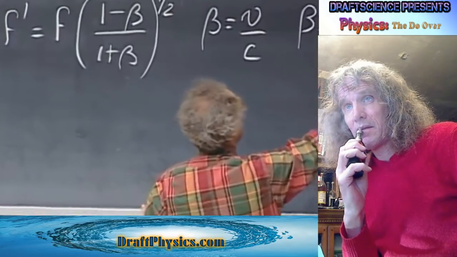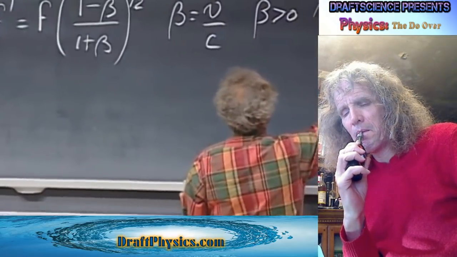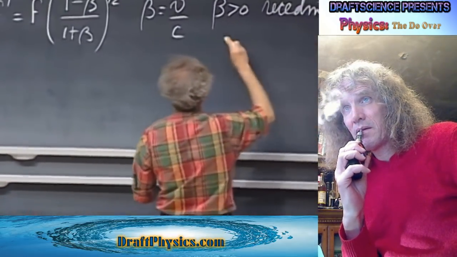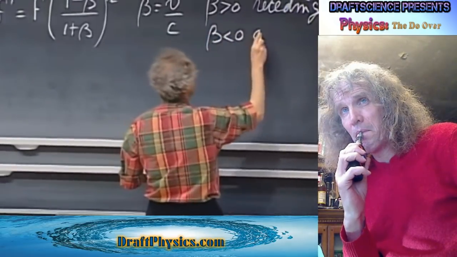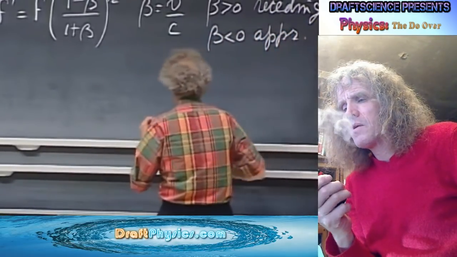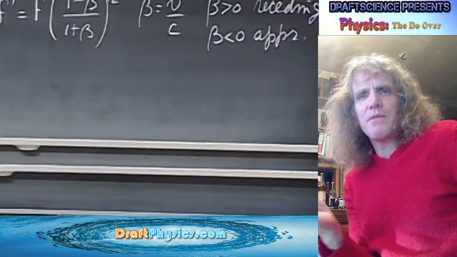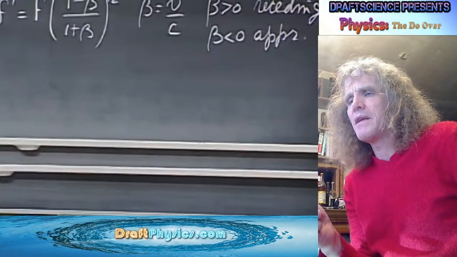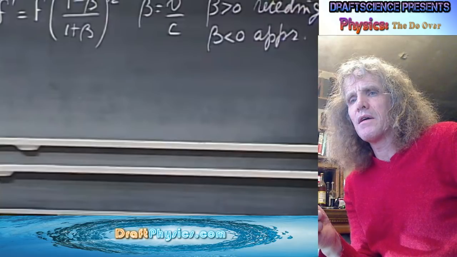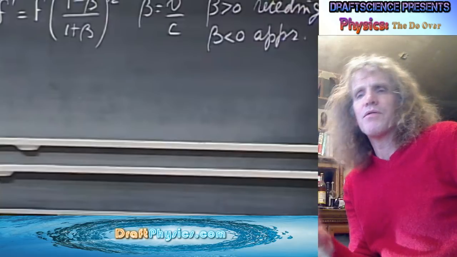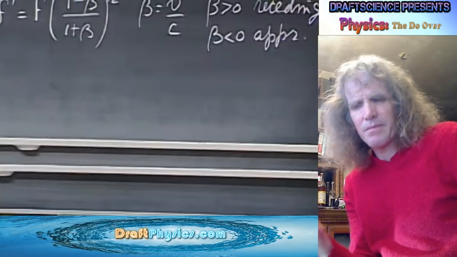If beta is larger than 0, you are receding from each other in this equation. If beta is smaller than 0, you are approaching each other. And again, see, they want to keep forcing everything to be some sort of, it doesn't matter who's moving thing. And it does matter.